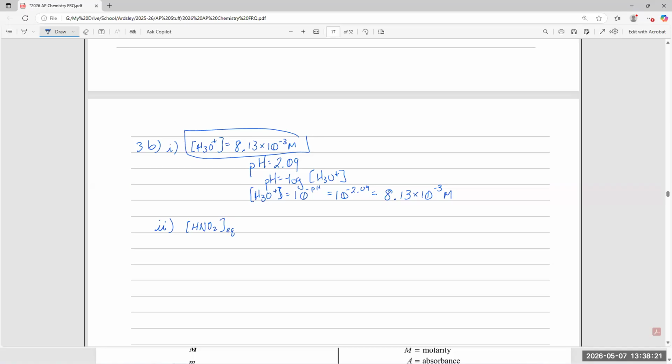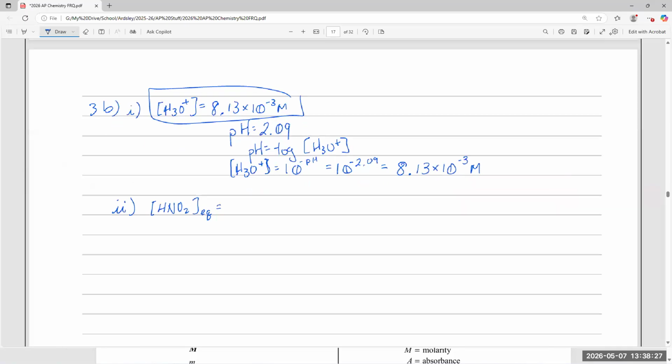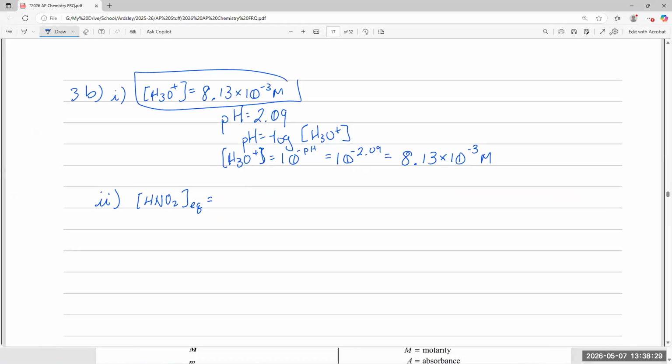At EQ is equal to, let's leave that, and we're going to have to do some ICE charts, all right? So start with our equation, HNO2 plus our H2O, yielding our nitrite plus hydronium.